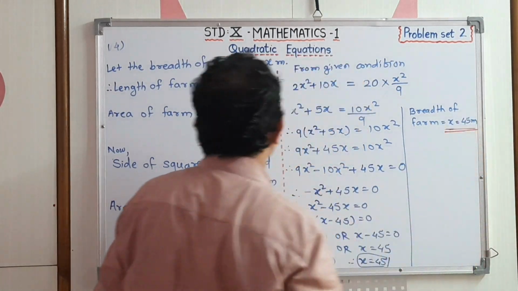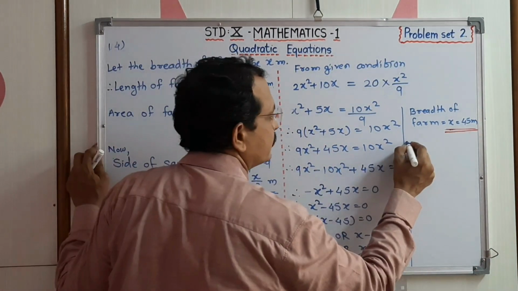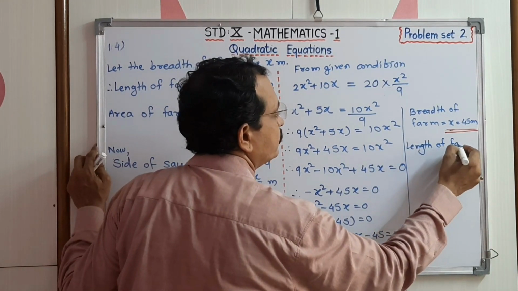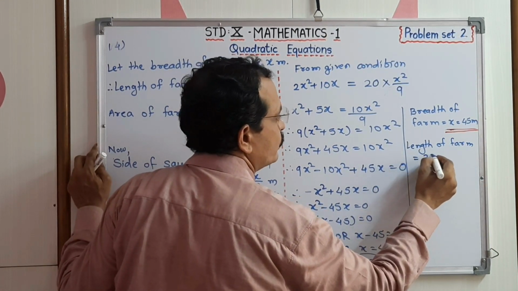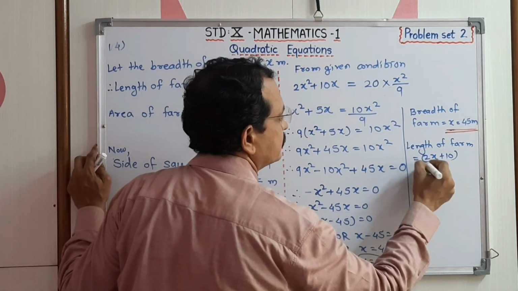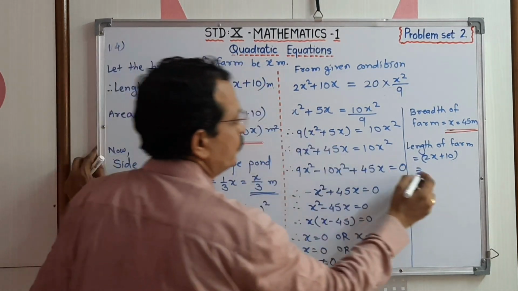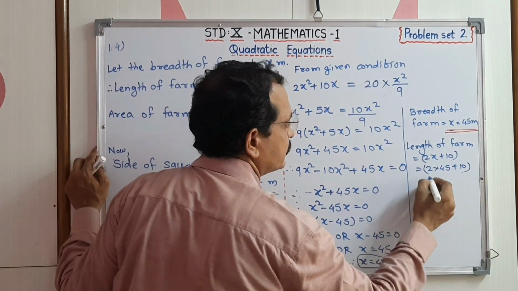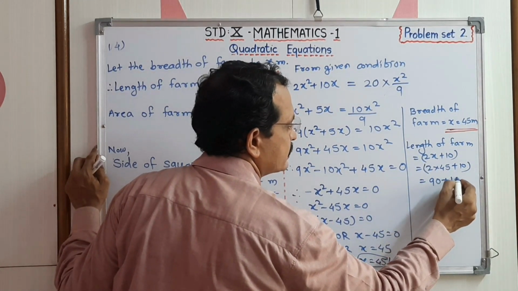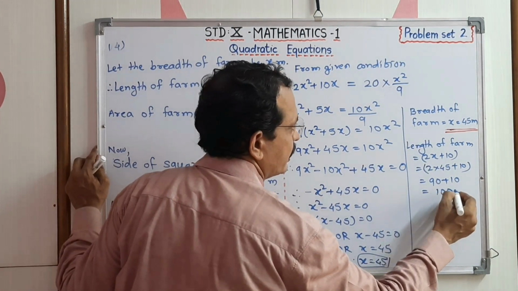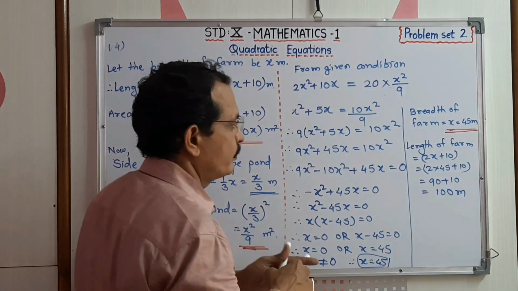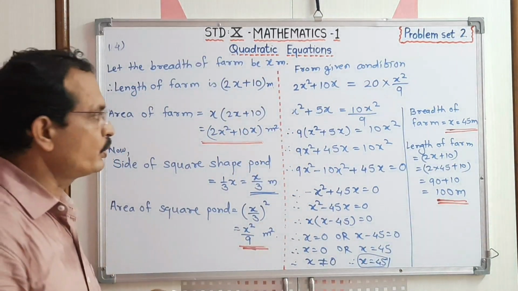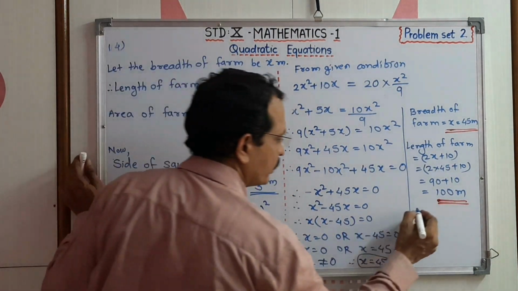Then we have to find the length. Therefore the length of the farm is equal to 2x plus 10, which is 2 into 45 plus 10, that is 90 plus 10, equal to 100 meter. Therefore the length of the farm is 100 meter. Now we have to find the side of the pond.